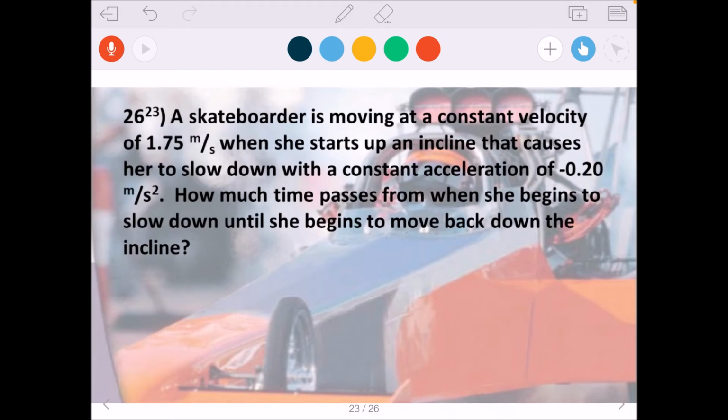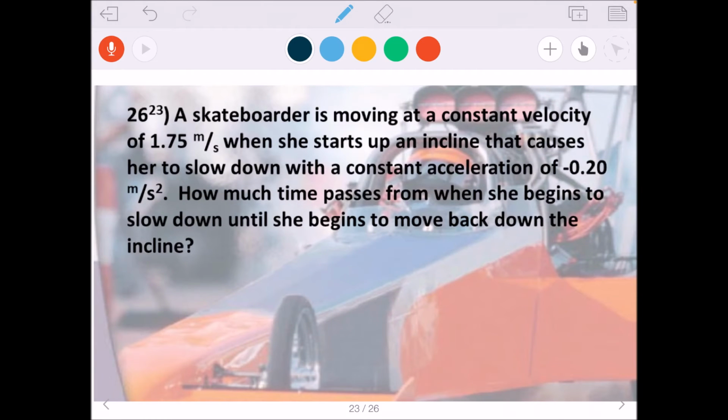Here we have a skateboarder moving at a constant velocity of 1.75 meters per second when she starts up an incline that causes her to slow down with a constant acceleration of negative 0.20 meters per second squared. How much time passes from when she begins to slow down until she begins to move back down the incline?